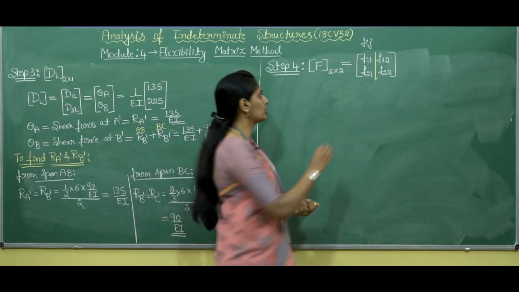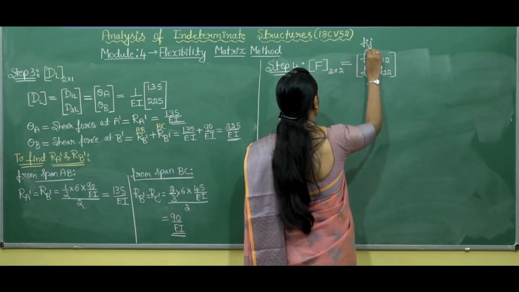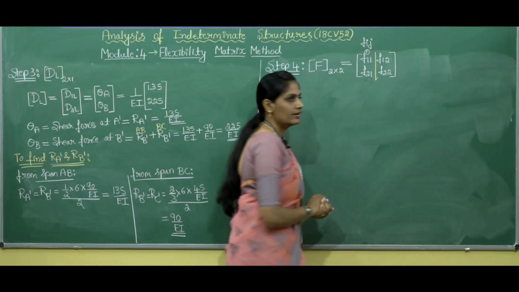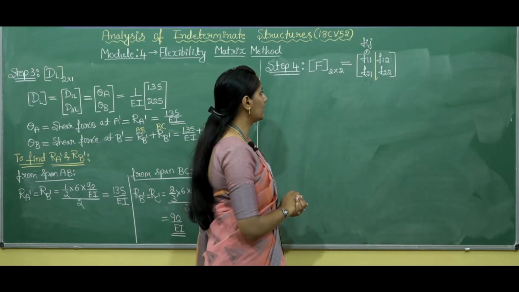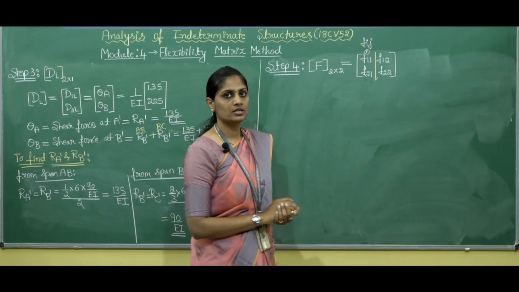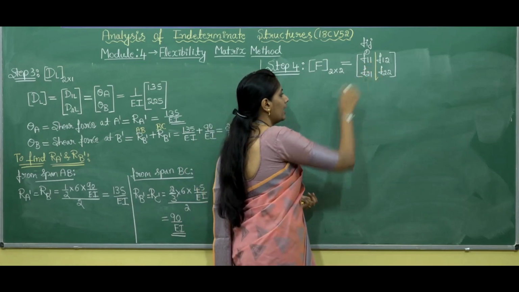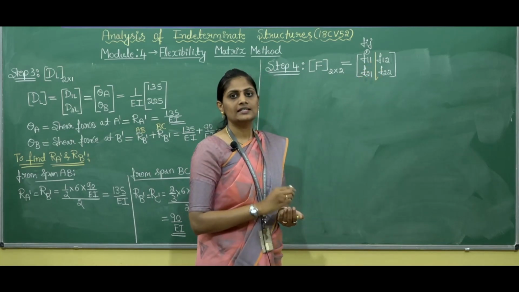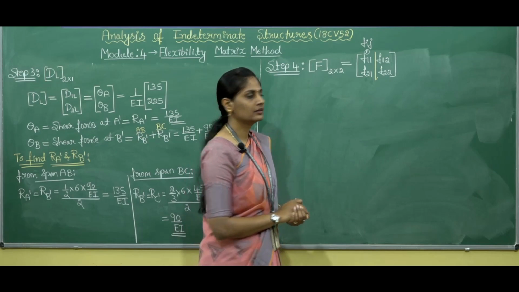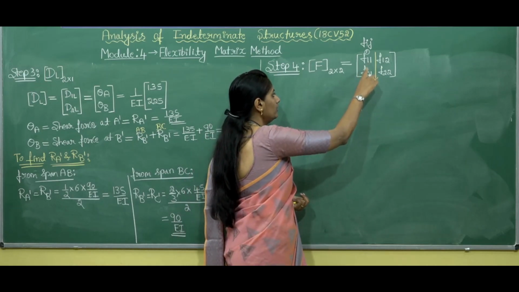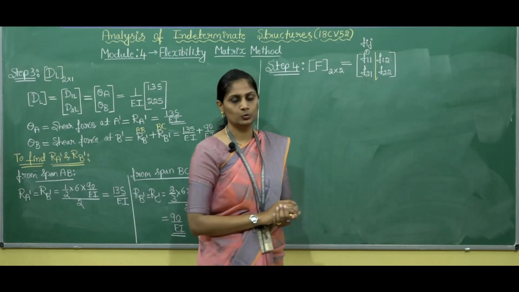For example, if you consider the first column of F matrix, we are going to apply the unit force at coordinate number 1 and we check the displacement developed at coordinate number 1 and coordinate number 2.